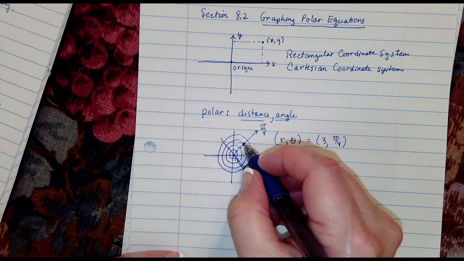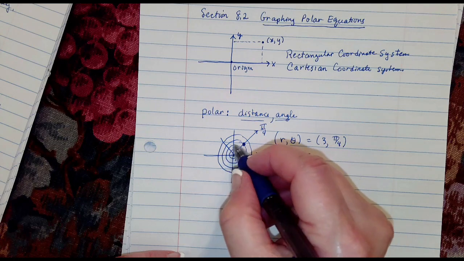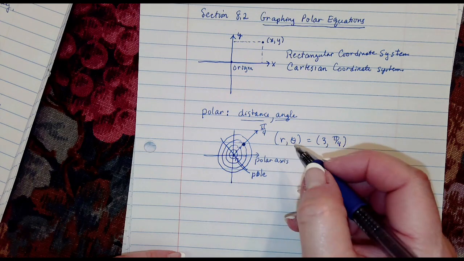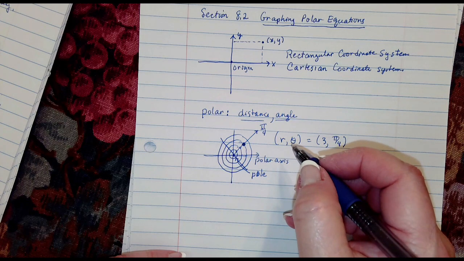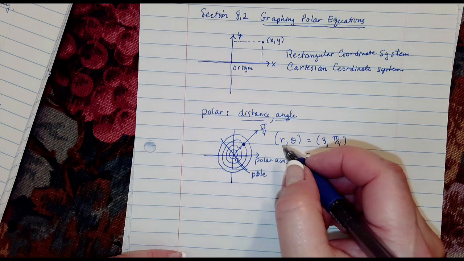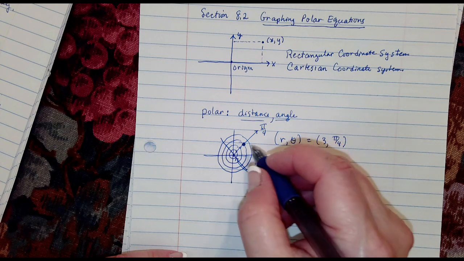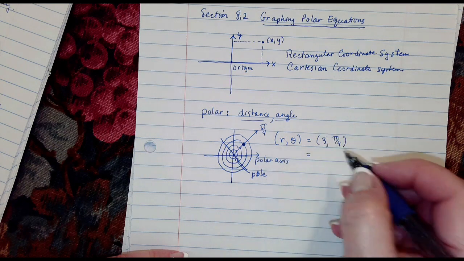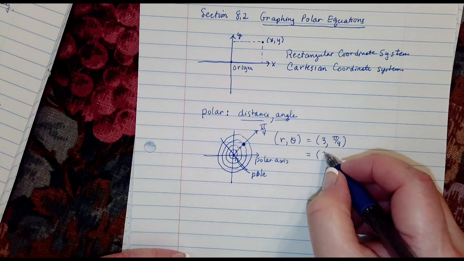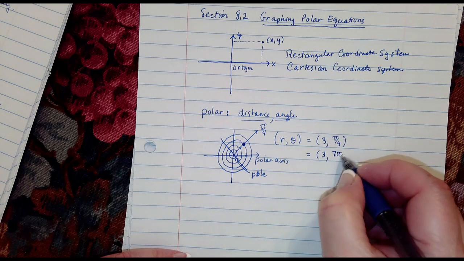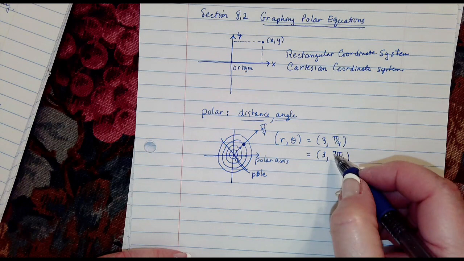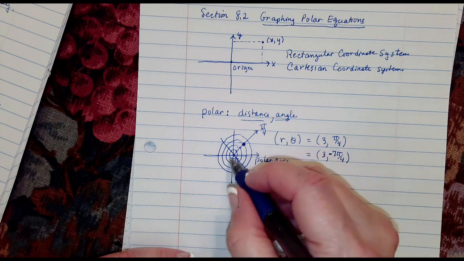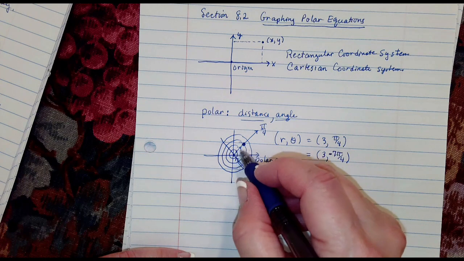If this is pi over 4, and I'm going from here all the way around to that pi over 4, how many pi over 4s are in the circle to begin with? 8 pi over 4, because we have 2 pi, right? So if I go backwards, this would be a negative what? 7 pi over 4. So another way of naming this is 3 comma negative 7 pi over 4. You're going negative 7 pi over 4, and then that's your positive side, so then you would count out 3.